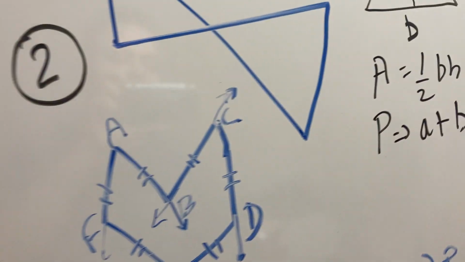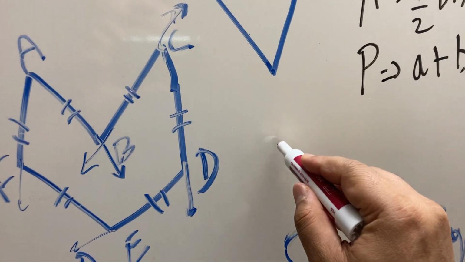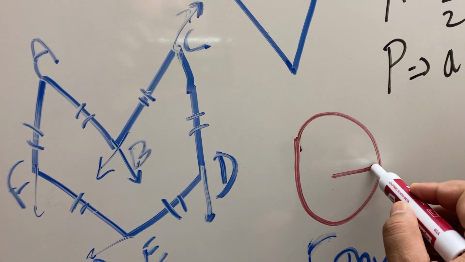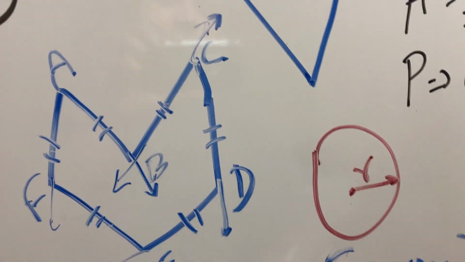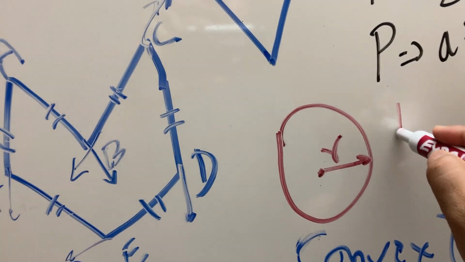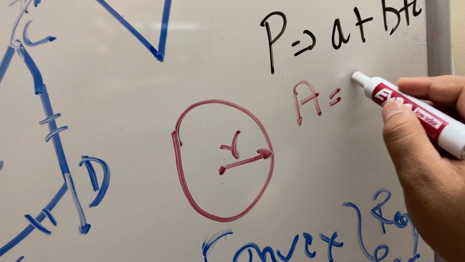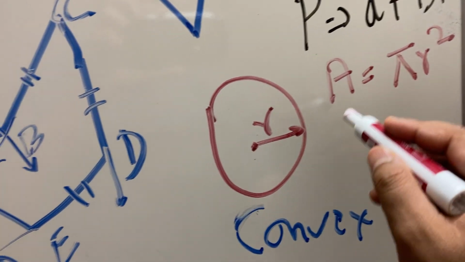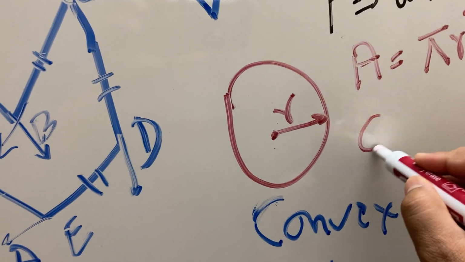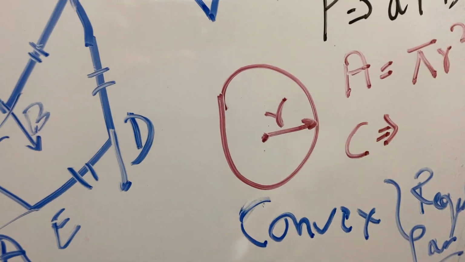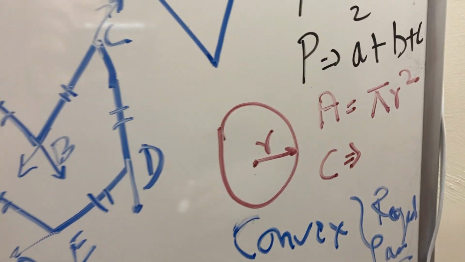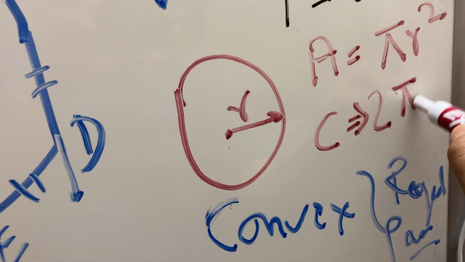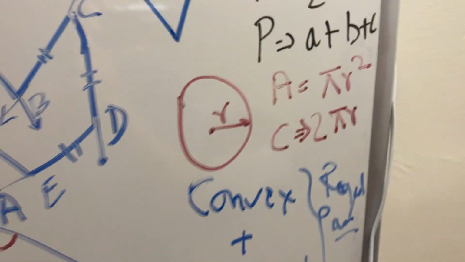Let's say this is my circle and that's my radius. Then the area is pi r squared. But what is the circumference? This is not called the perimeter, it is called the circumference in the case of a circle. That's 2 into pi into r.